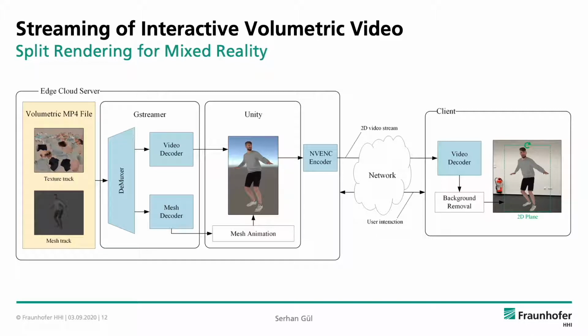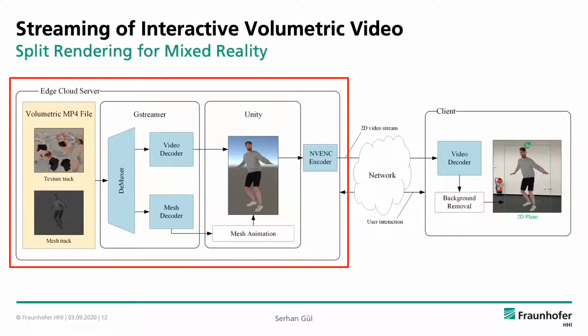Since cloud rendering adds additional latency to the framework, we located our server on a 5G edge cloud in order to reduce the network delay. We also have other optimizations in our system for latency reduction. And now we'll look at the architecture of our edge cloud server in more detail and look into some of these optimizations.